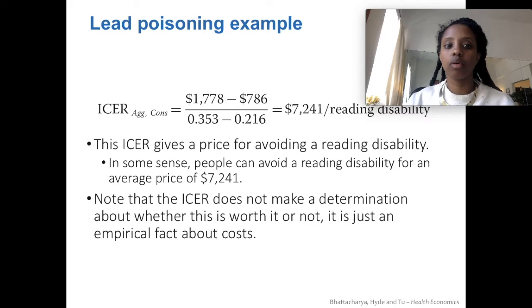And so when you're comparing the incremental cost effectiveness of the more aggressive treatment over the more conservative treatment, you do the difference in the price over the difference in the outcomes, which is here the probability of the reading disability. And essentially it's like $7,241 to avoid a reading disability. And if that is worth it, then you spring for the more expensive treatment. So the ICER doesn't exactly tell you whether or not it's worth it. It just gives you an empirical fact about these costs.